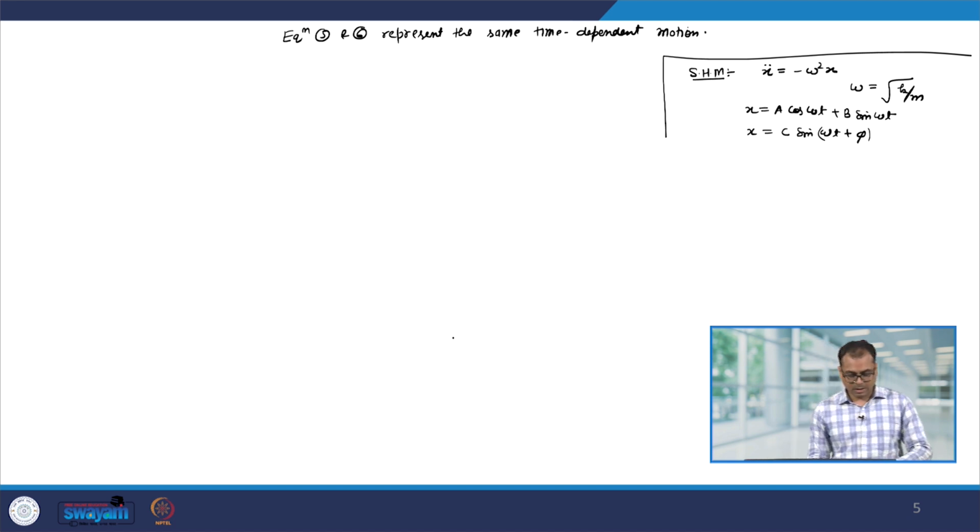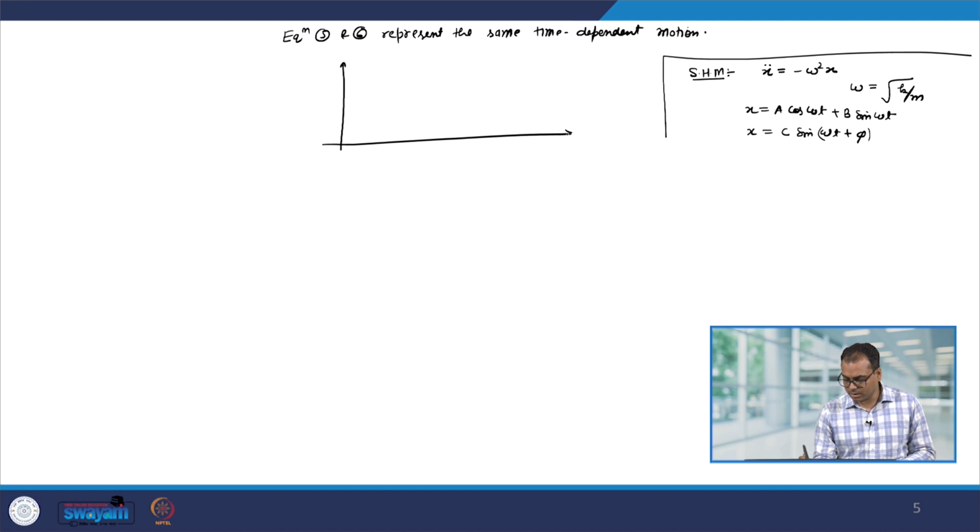Now, let us plot the motion. On the horizontal axis, we have time t. Initially at t equal to 0, we have x equal to x naught.